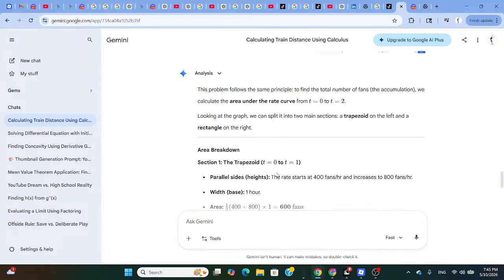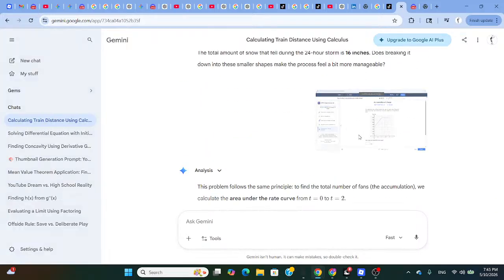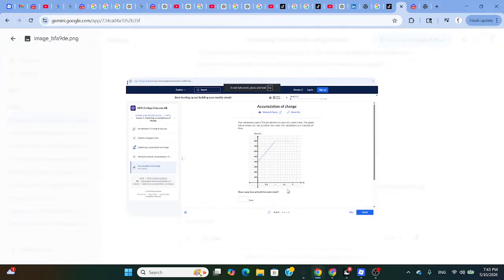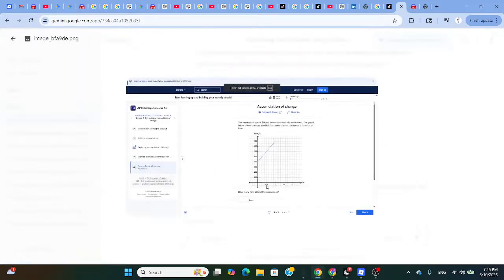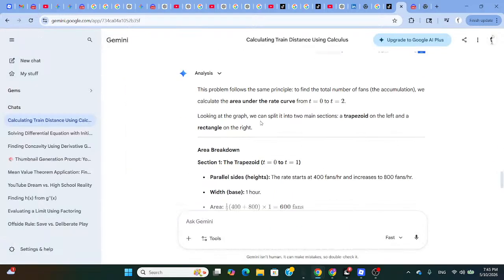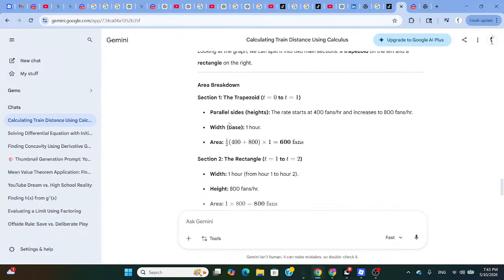Let me read. Okay, it's the trapezoid, t equals 0 to t equals 1. Section 1 is 0 to 1. The parallel side height, the rate starts at 400 fans an hour and increases to 800 fans an hour. The base is 1 hour, so area is 1/2 base times height?